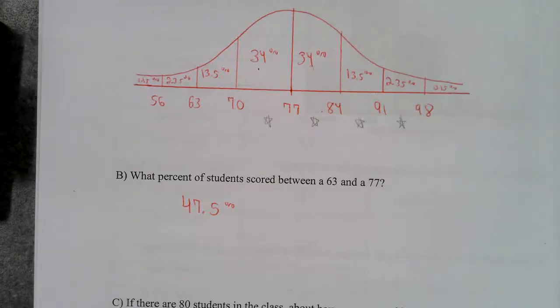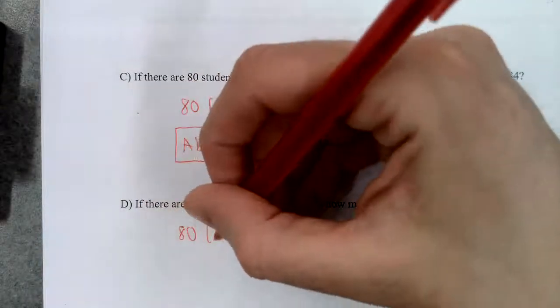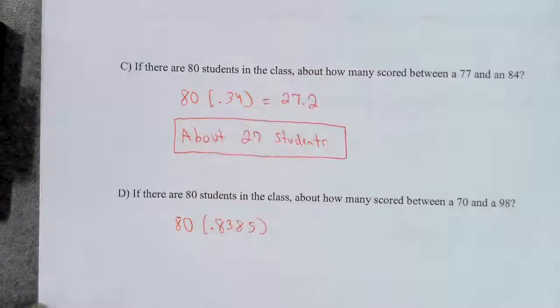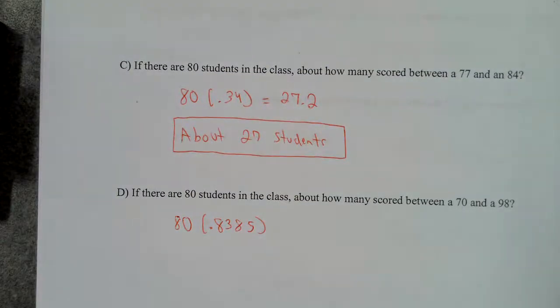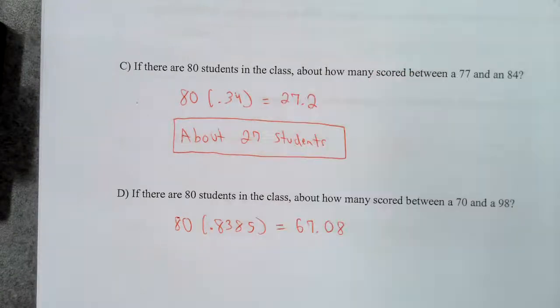That gives you 83.85. So you're going to do 80 times 0.8385. I'll give you 67.08. And just round that and say about 67 students.